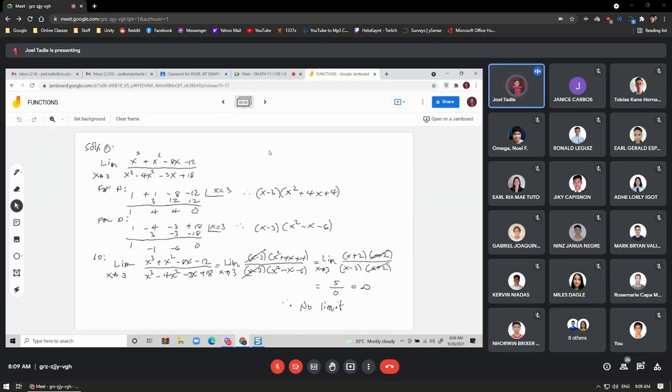So ang ato ang solution guys is to factor both numerator and denominator using synthetic division. So for numerator, ato ang i-jot down first ang numerical coefficient. So we have 1 plus 1 minus 8 minus 12. Then we'll assume x equals 3 since x approach 3.